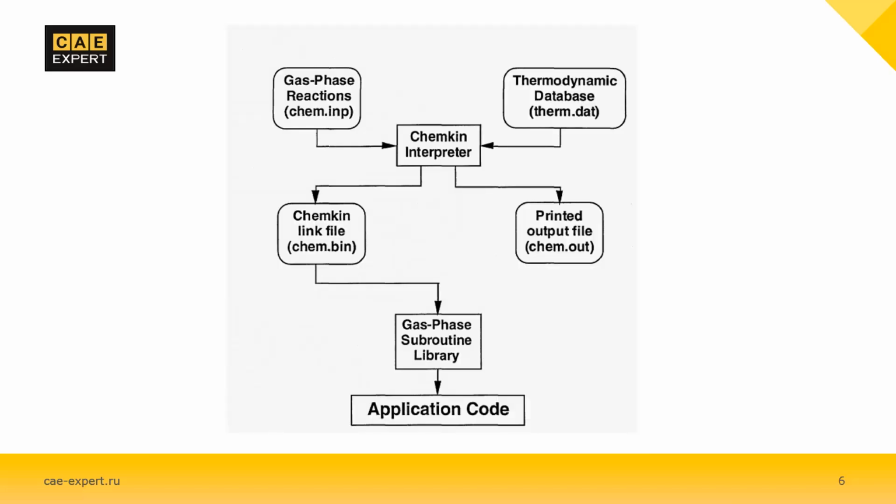One output of the interpreter is a data file that forms a link to the gas phase subroutine library. This library is a collection of about 100 highly modular Fortran subroutines that may be called to return information on equations of state, thermodynamic properties and chemical production rates.